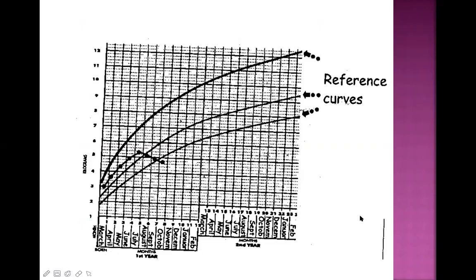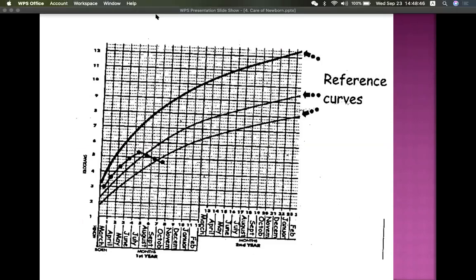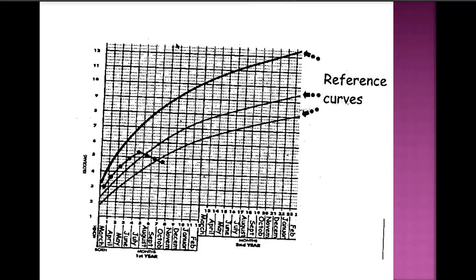Now, all of you, please focus on the screen. Look at this graph. What is this graph telling us? Let me explain this. It is very, very important knowledge. This is the age of the baby, and this is the weight, for example.